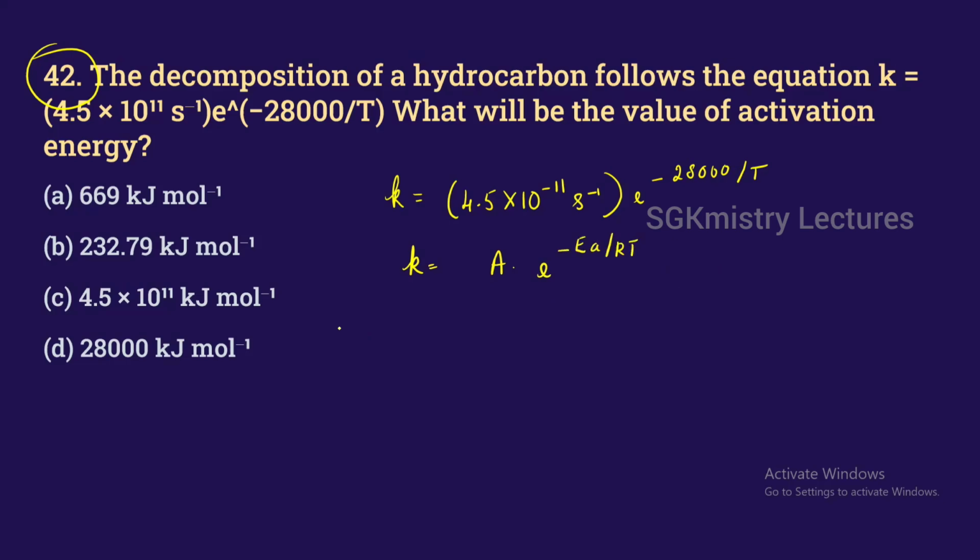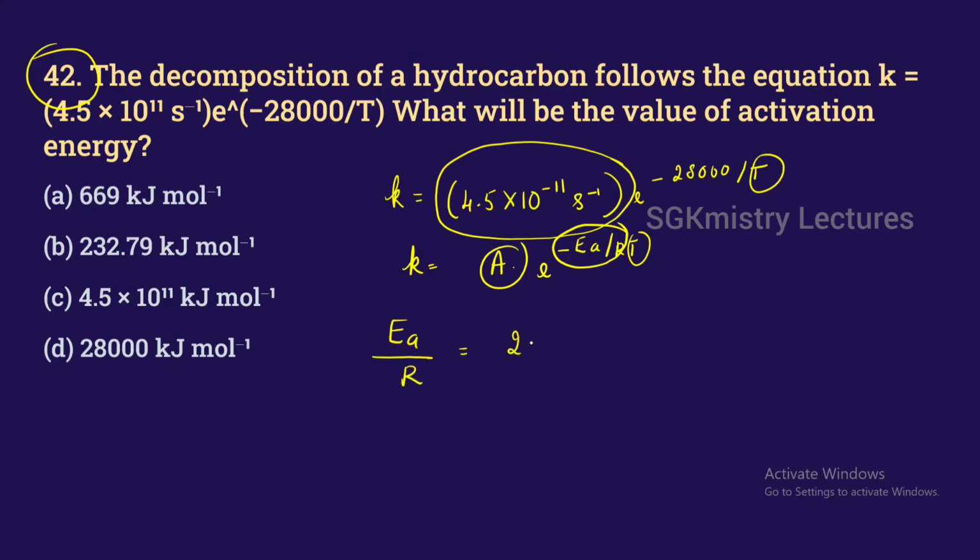So now, according to this equation, it is very clear that the A value is already given, that is 4.5 into 10 to the power of minus 11 second inverse. Now T is already there. So minus EA by R is equal to minus 28,000, that means EA by R is equal to 28,000. Correct.